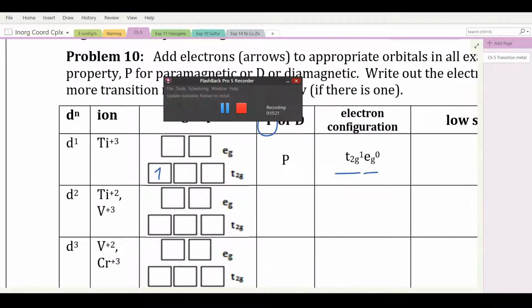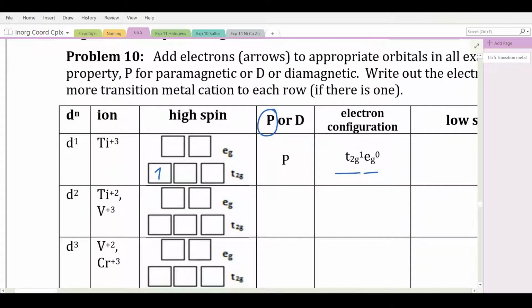Let's apply this to an octahedral complex in which the transition metal has 2 d electrons. Examples would be titanium 2 and vanadium 3. Those 2 electrons would simply fill the lowest energy orbitals. They would spread out according to Hund's rule because of pairing repulsion. The magnetic property is still paramagnetic. The electronic configuration would be written as T2g2 Eg0.